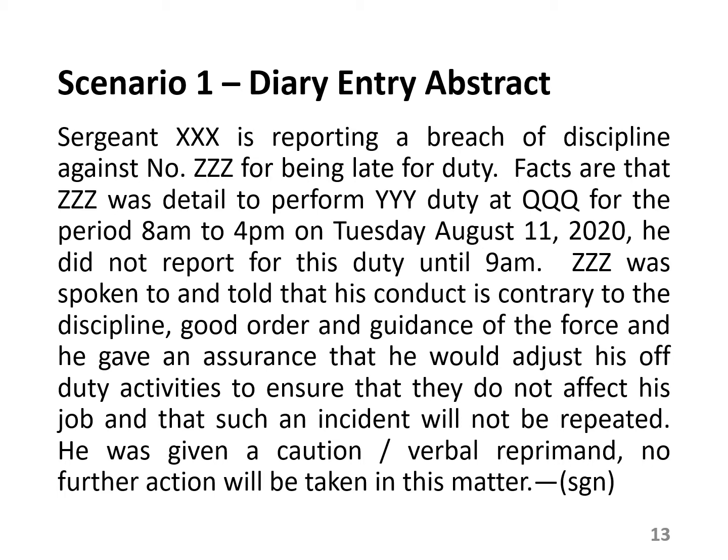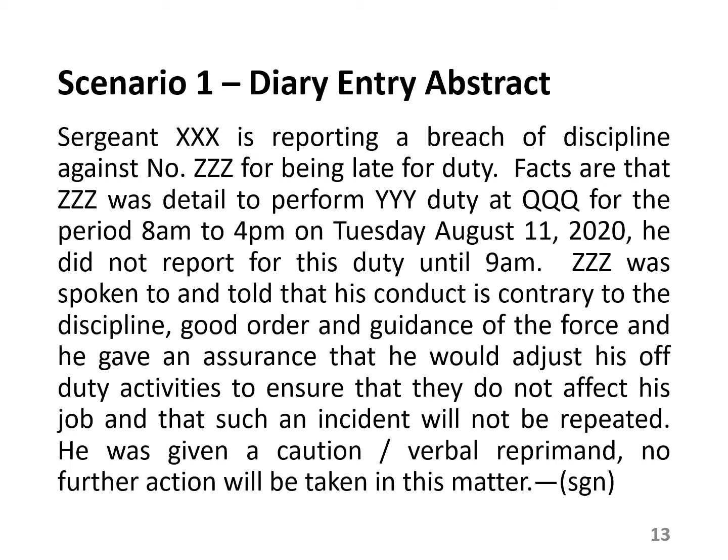He did not report for this duty until 9 a.m. You put the name of the constable again. The constable was spoken to and told that his conduct is contrary to the discipline, good order, and guidance of the force, and he gave an assurance that he would adjust his off-duty activities to ensure that they do not affect his job and that such incidents will not be repeated.